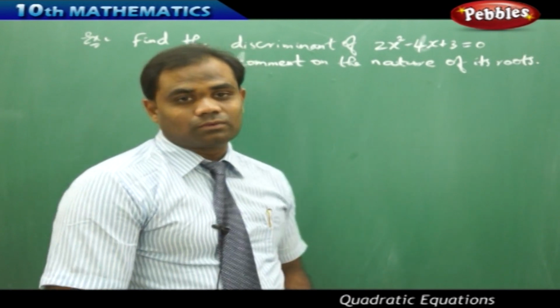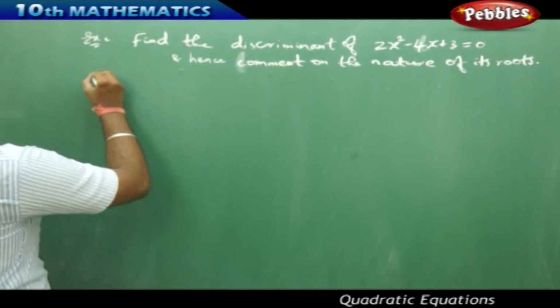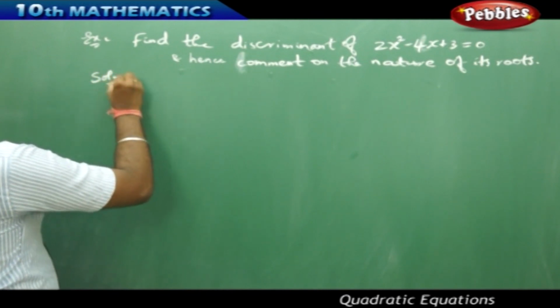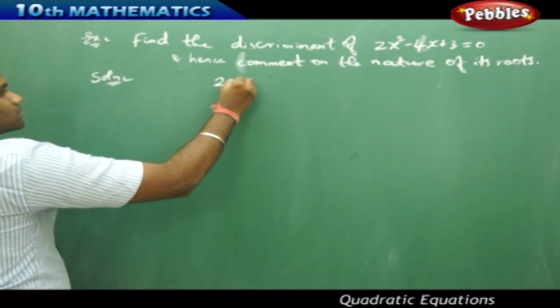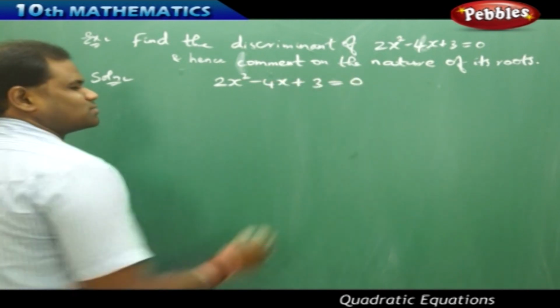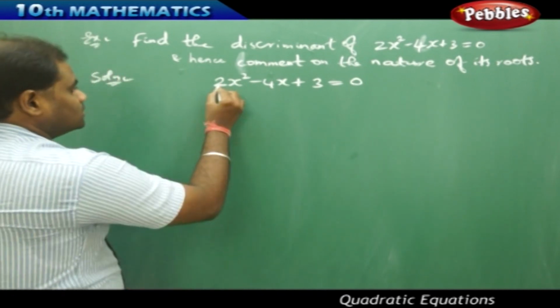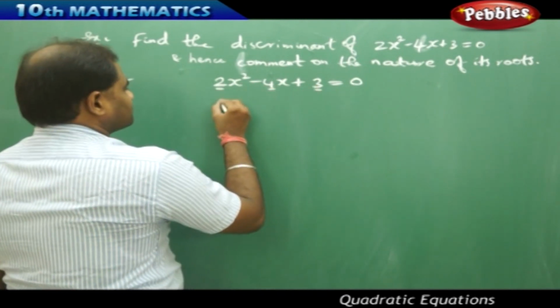So let's see how we can do it. To start with, finding delta. The given quadratic equation is 2x squared minus 4x plus 3 equal to 0. Now as I compare this with the general quadratic equation, this is a, this is b, and this is c.